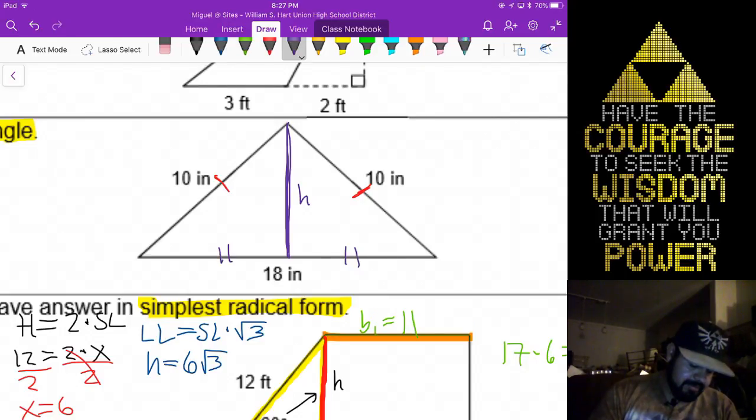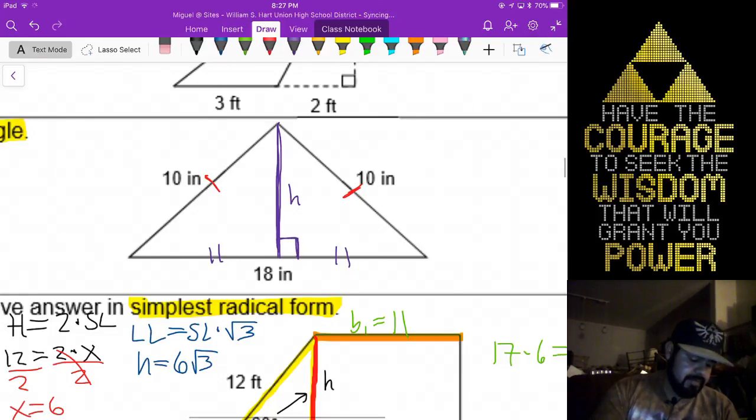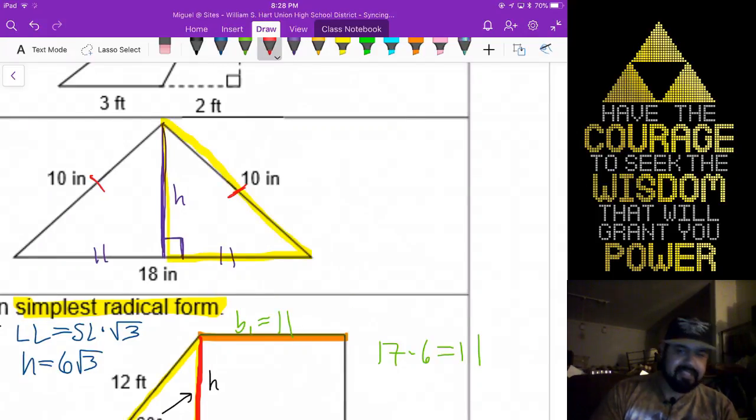Now again, since I have a right triangle now, I can go ahead and use my Pythagorean theorem. Now this 18 represents the entire length of the bottom. So that means these two are 9 apiece.